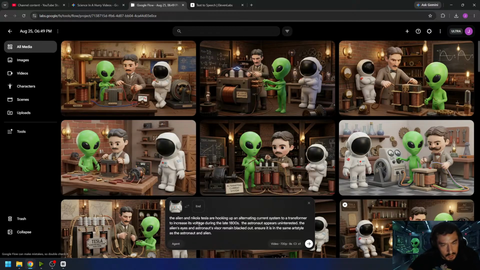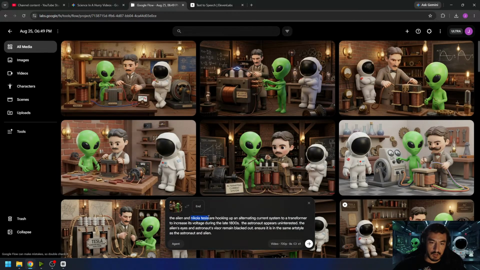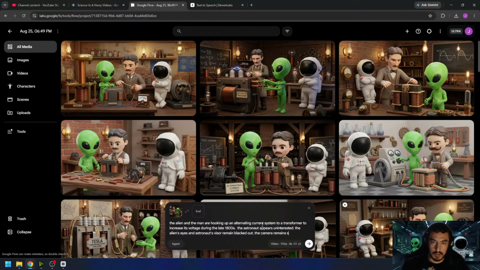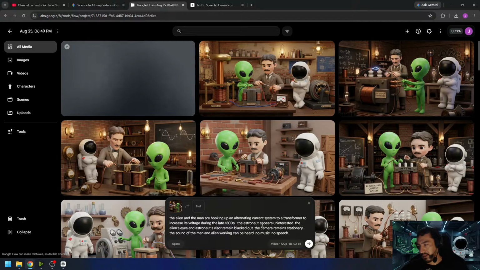Okay, the alien. We've got to go here and edit it. Let's drag it. The alien and the man are hooking up an alternating current system to a transformer to increase its voltage. The astronaut appears uninterested. Camera remains stationary. The sound of the man and alien working can be heard. No music, no speech. Let's check that out.